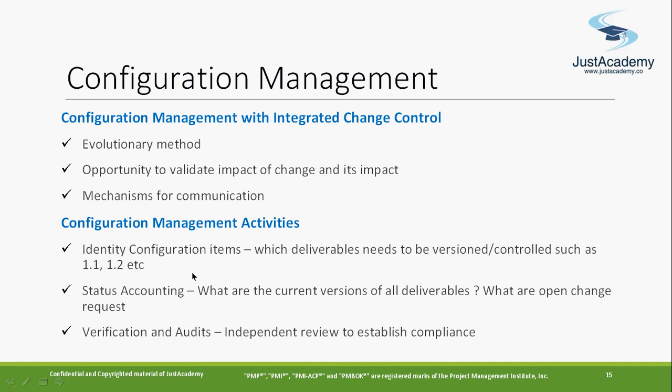This is very important during integrated change control, because I can't take a decision immediately. Somebody says 2 GB, yeah, accepted? No. It has to go through this process, because if it is not compatible and I approve the change, it doesn't work, right? That's why configuration management links with integrated change control whenever there is a change in the configuration of the product, and it consists of basically three items: identifying configuration items, status accounting, and verification and audit.